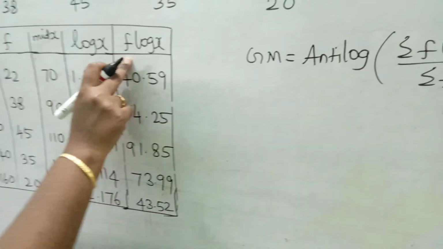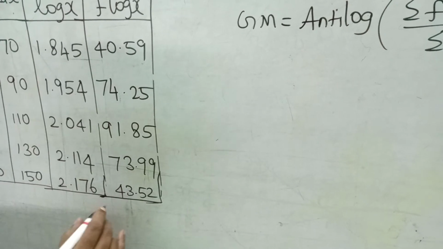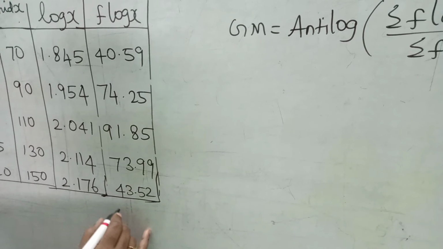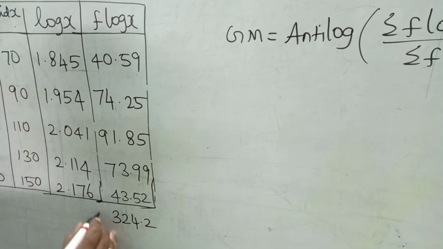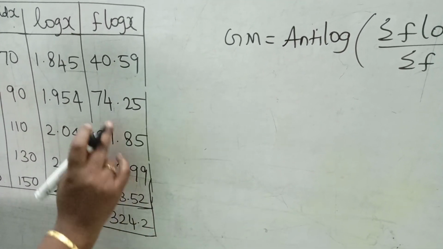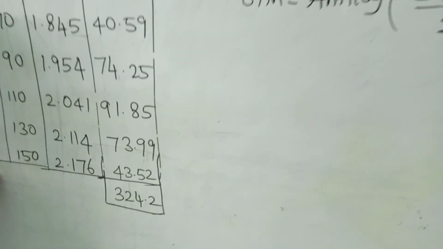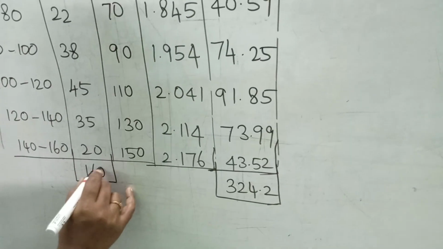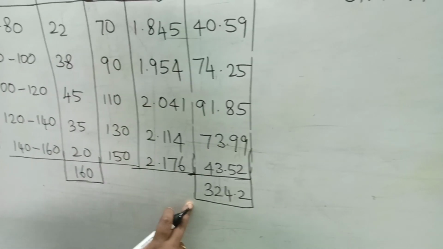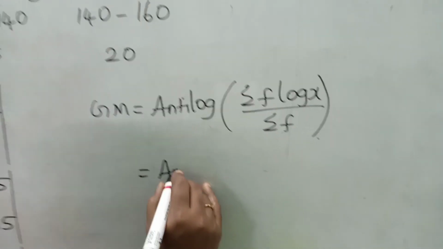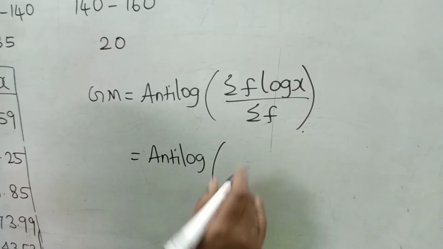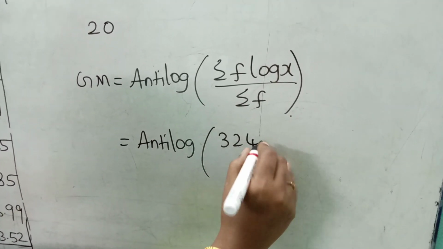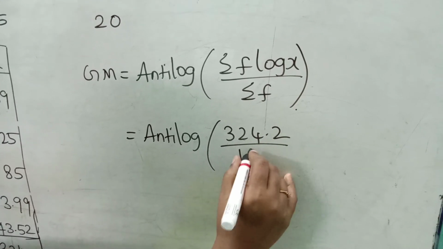The last column is our sigma f log x. Adding the last column with the help of the calculator, I find 324.2. This is my sigma f log x value. Next I need sigma f. Adding the second column, I get 160. Substituting these two values in the formula, GM is equal to antilog of sigma f log x, which is 324.2, divided by sigma f, which is 160.